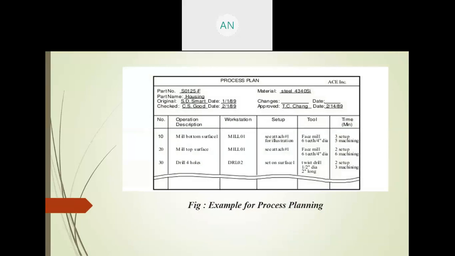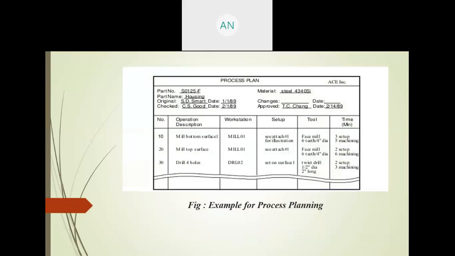Look at this part number. It starts with S0125F, which has a lot of meaning behind it. To the right is a column with the material and part name. All the details have been incorporated at the top of the plan.